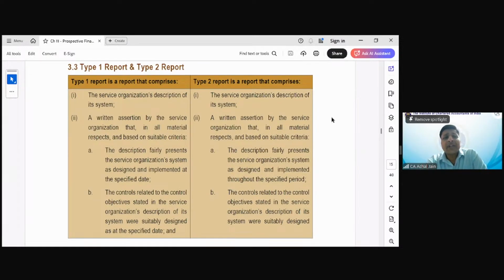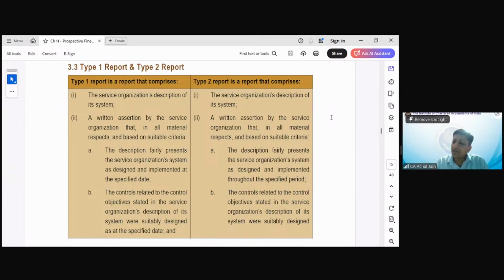When it comes to type 1, the service organization's description of its system is what you will include in type 1 as well as type 2. In type 1, a written assertion by the service organization that in all material respects and based on suitable criteria, the description fairly represents the service organization's system as designed and implemented at the specified date.